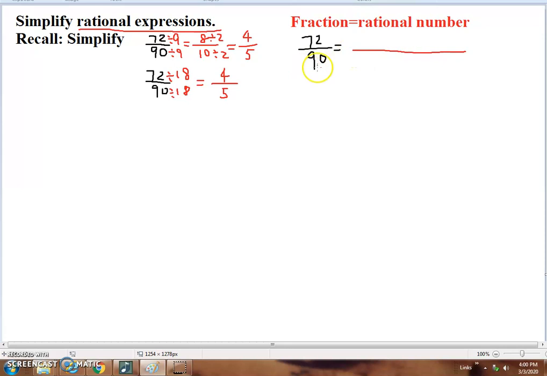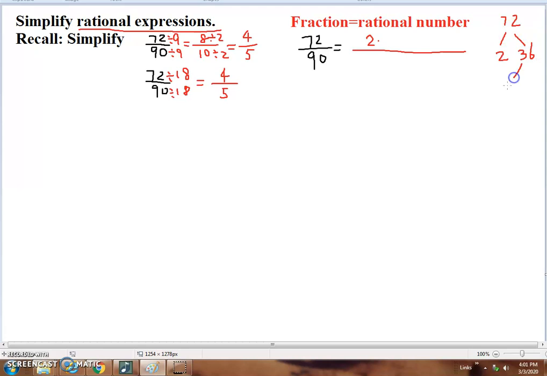So for those of you who have trouble seeing what number goes into both of them, we can break down 72. Maybe I can use a factoring tree to do it. Let's break down 72 here. 72 breaks down as 2 times 36.